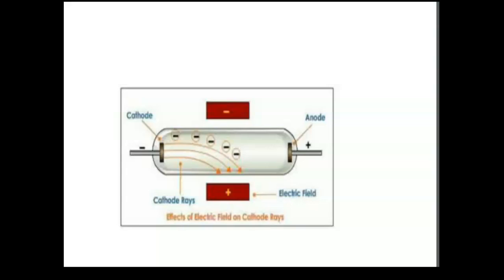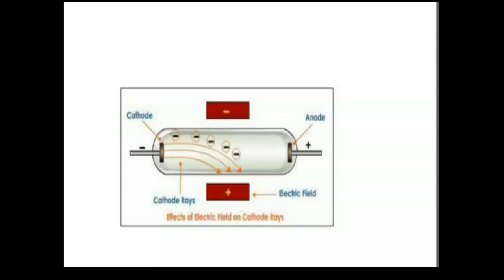For example, if we place a light paddle wheel in their path, that wheel will start rotating, simply indicating that these are material particles. Now they consist of negatively charged particles. How? When these rays were subjected to an external electrical field, they were deflected towards the positive plate.